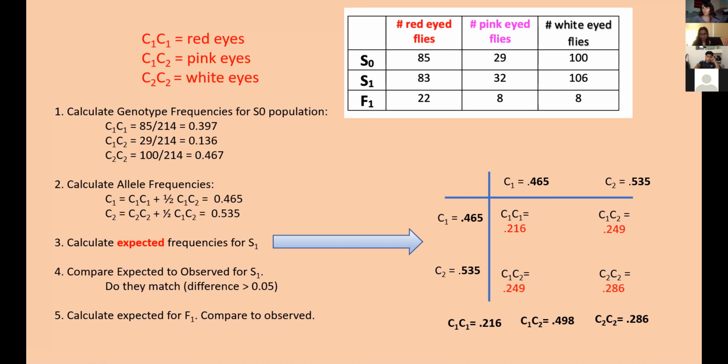And we're not going to be doing statistics like we were in this lab. It's just saying, like, say the expected frequency of the pink-eyed flies was 0.49, and we actually only saw 0.2. Then we would say they don't match. Something is going on here. It's not meeting one of the requirements for Hardy-Weinberg equilibrium.